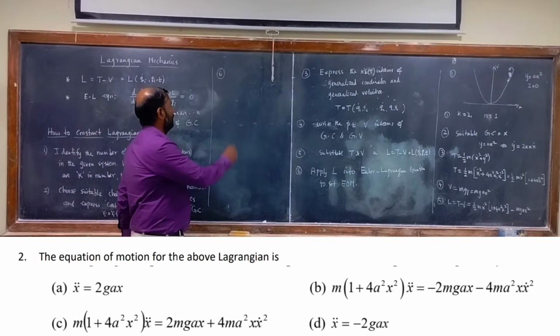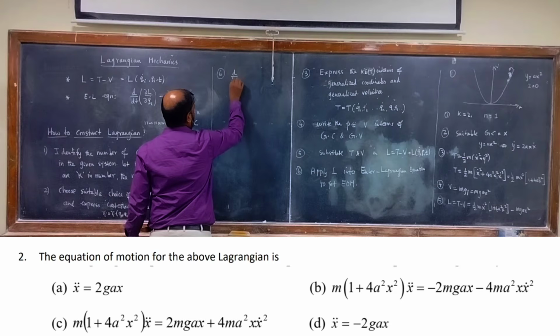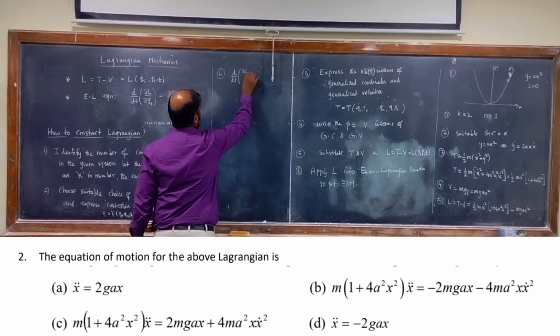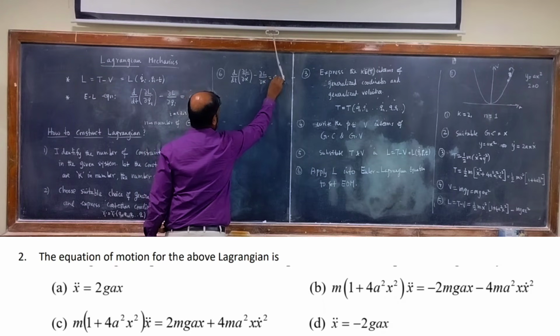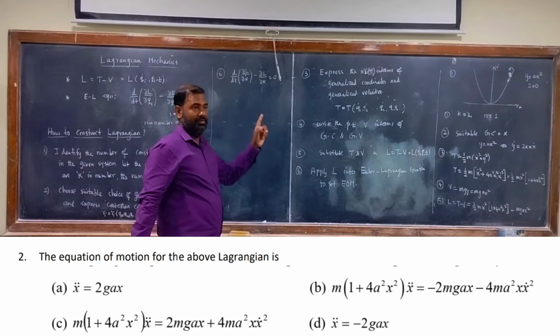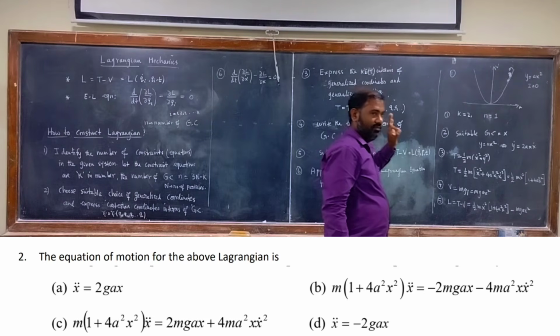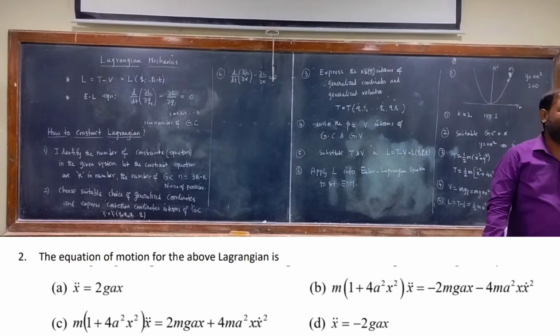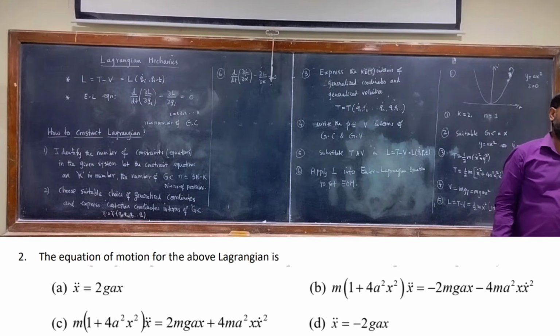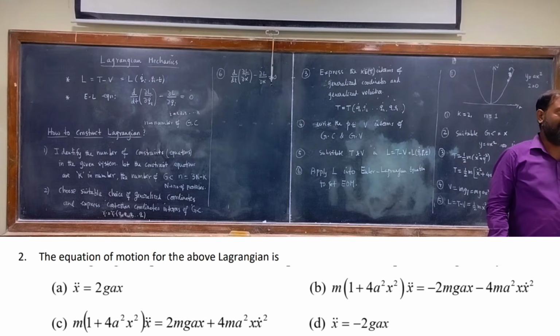What is the Euler-Lagrange equation for this system? d by dt of dou L by dou x dot minus dou L by dou x. There should be no y. The Lagrange equation is only in terms of generalized coordinates. Here x is the one generalized coordinate; in the previous case only theta was the one generalized coordinate, so all theta would come.